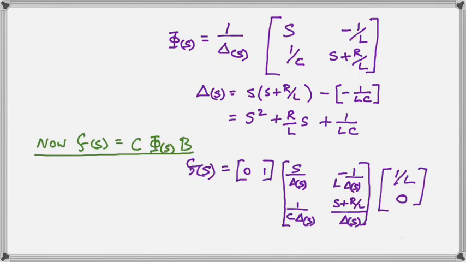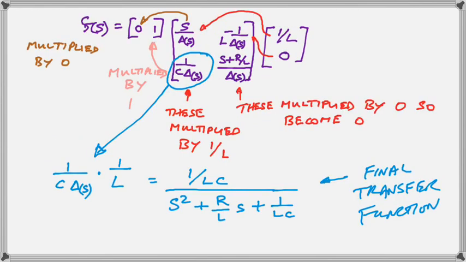After we've done that, after we've divided each element by the determinant, we have to multiply our C and B, in this case vectors, by our matrix. Now if you're not familiar with matrix math, you might not know how to do this, so we're going to go through it, and it's shown here fairly clearly.